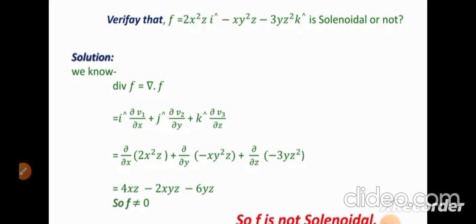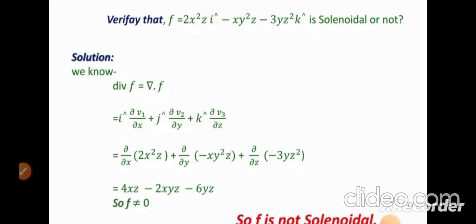So we know the formula for del dot V. Here the vector is given as f, so we write del dot f. It is nothing but dou V1 by dou x plus dou V2 by dou y plus dou V3 by dou z. Substitute the value of V1.